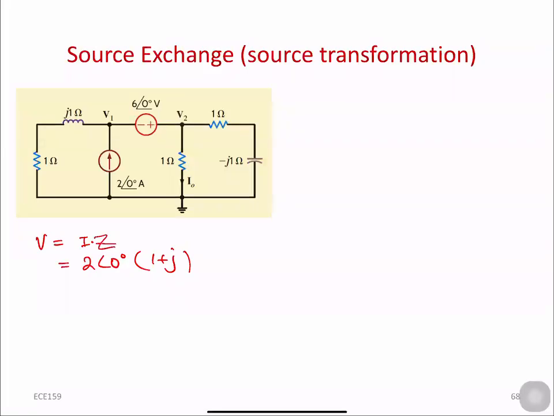So we can redraw this circuit using the voltage source we calculated, and the impedance for this voltage source. This is going to be 2 times 1 plus j volts.